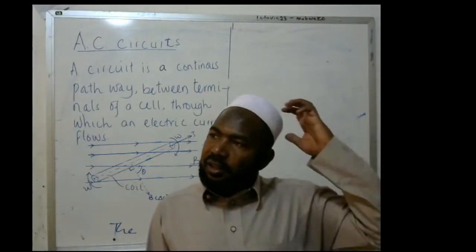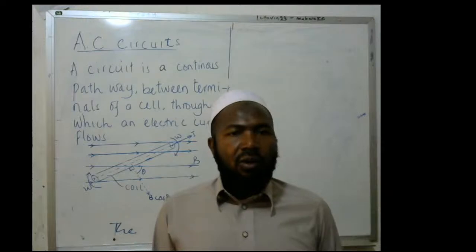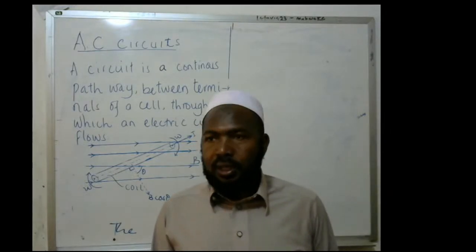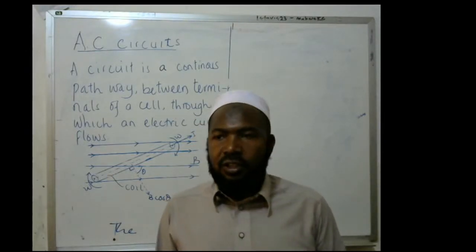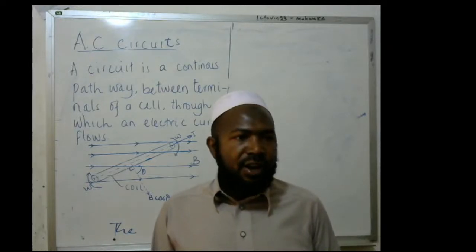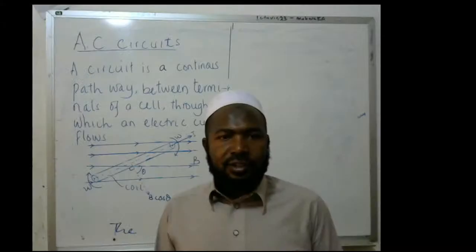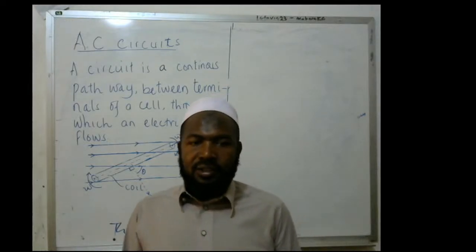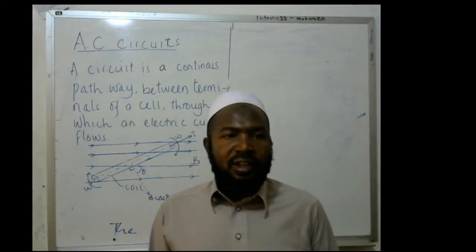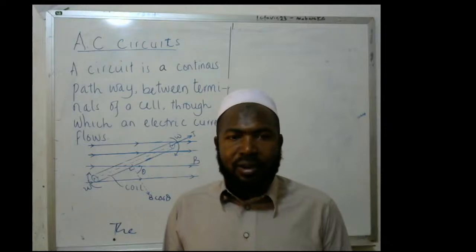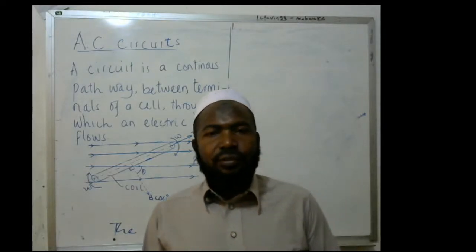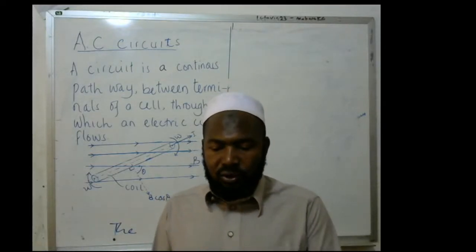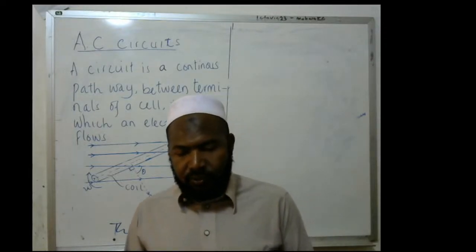Alternating current is number 7 of our structural paper. You know, section C has 3 numbers, 5, 6, and 7. 5 and 6 are handling magnetism and electromagnetism. Then number 7 is the one that handles alternating current circuits.